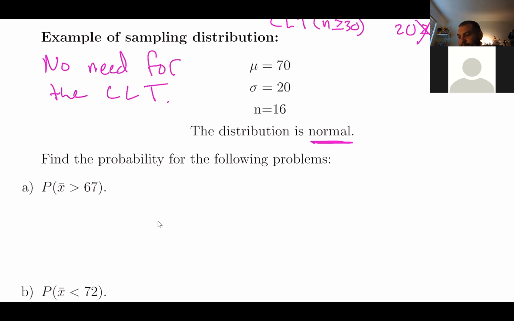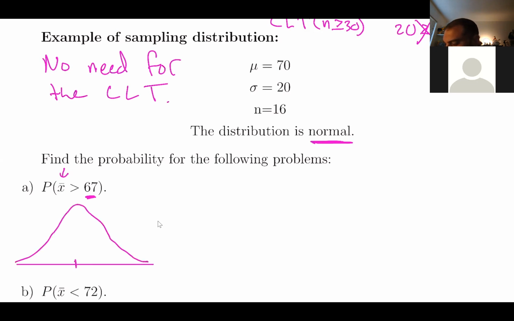So let's do part A. It says find the probability that x bar is greater than 67. So let's go ahead and draw this. The mean should go in the middle.